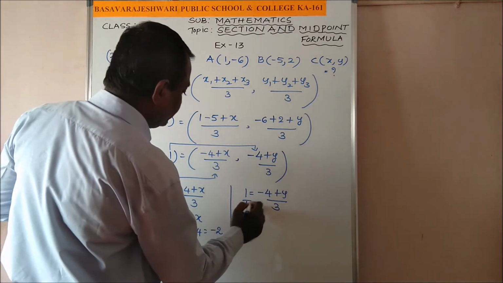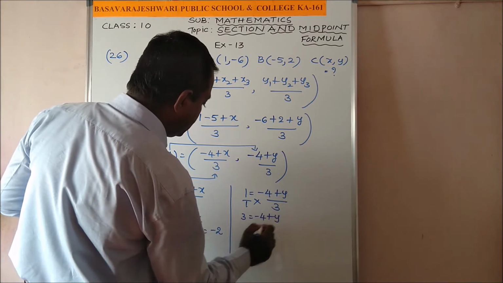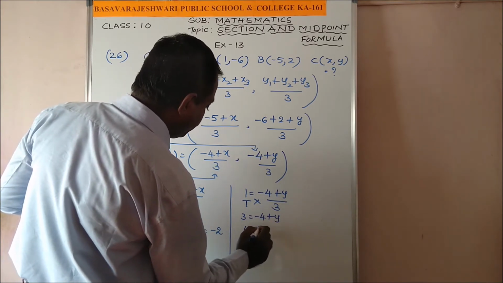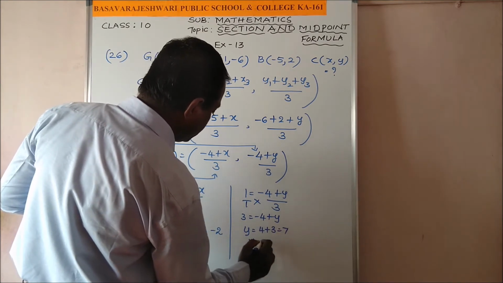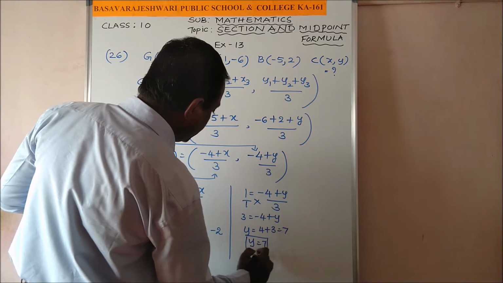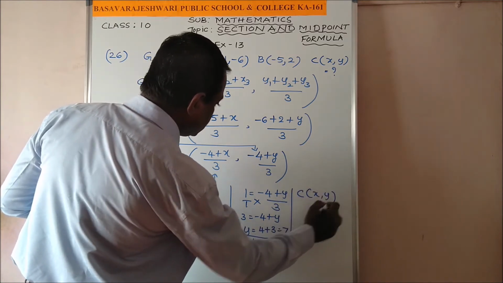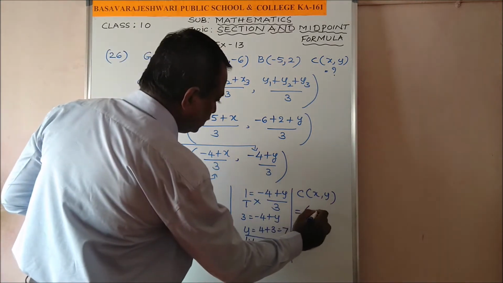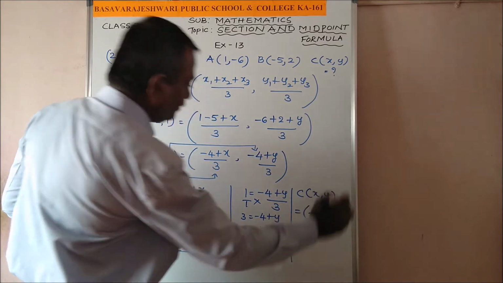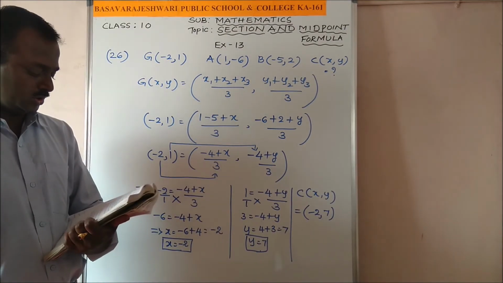Similarly here, 1 = (-4 + y)/3. Cross multiplication, 3 times 1 is 3, equal to -4 + y. So y = 4 + 3, that is 7. y = 7. So what are the coordinates of C? C(x, y) is (-2, 7). So that is the coordinates of C. Understood, children?